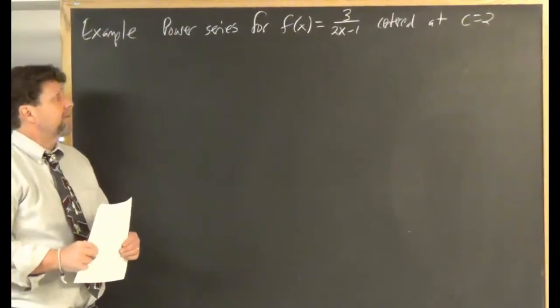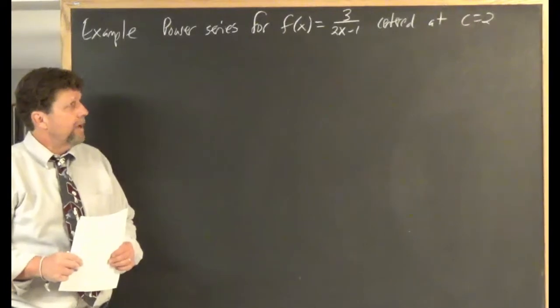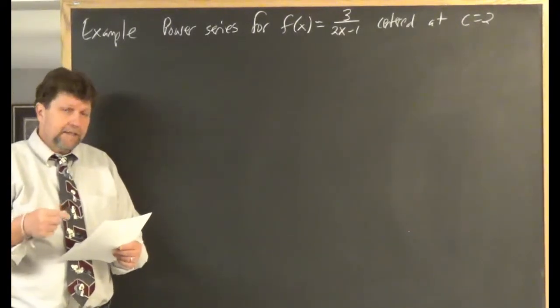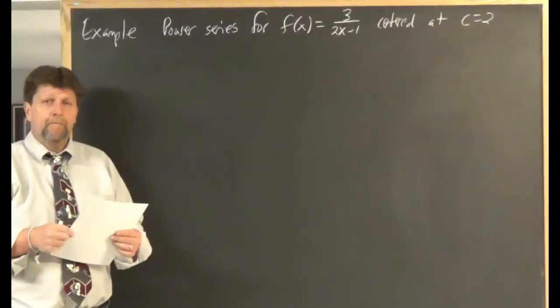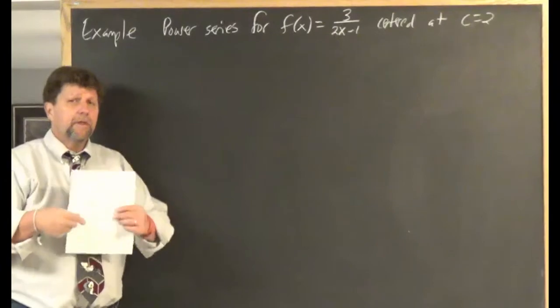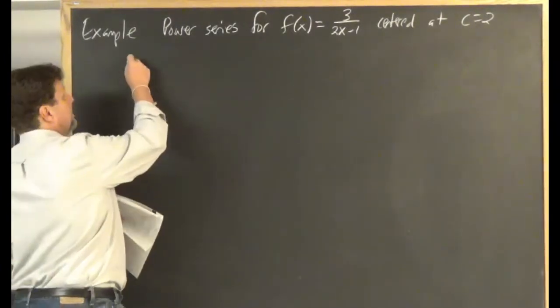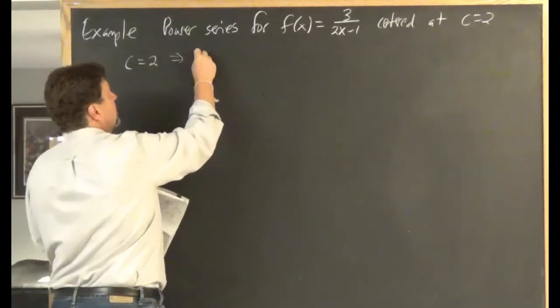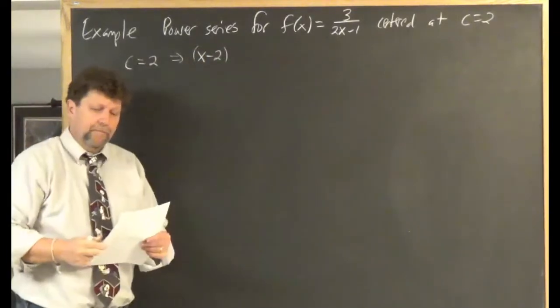All right, folks, in this example, we're asked to find a power series for the function 3 over 2x minus 1, and we want it centered at c equals 2. Also determine the interval of convergence. So hopefully we're starting to get into the flow of things here. First, since we have c equals 2, that implies we need to see an x minus 2 eventually.